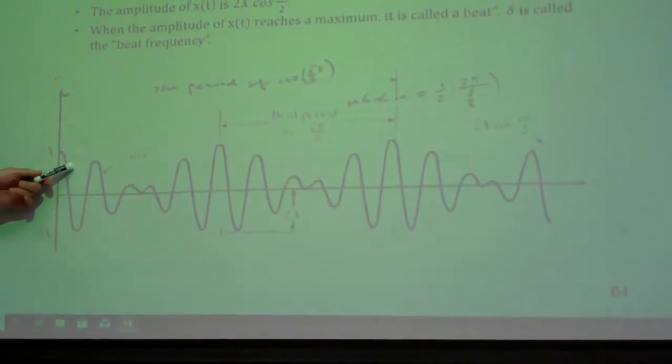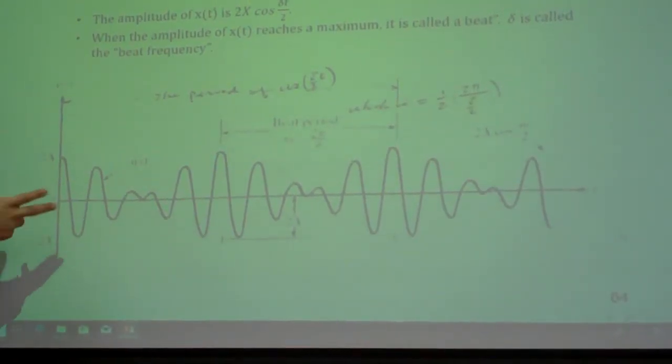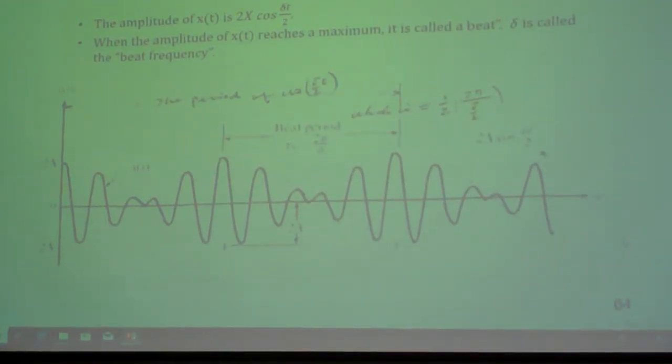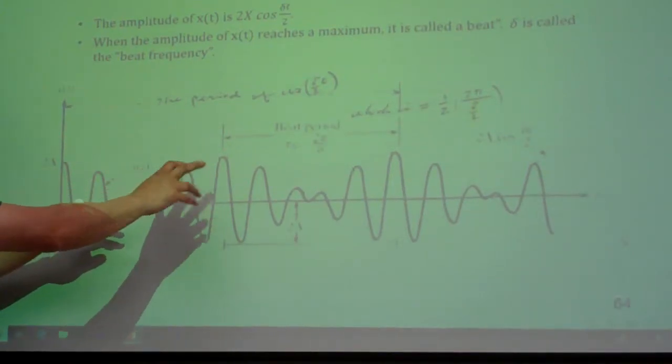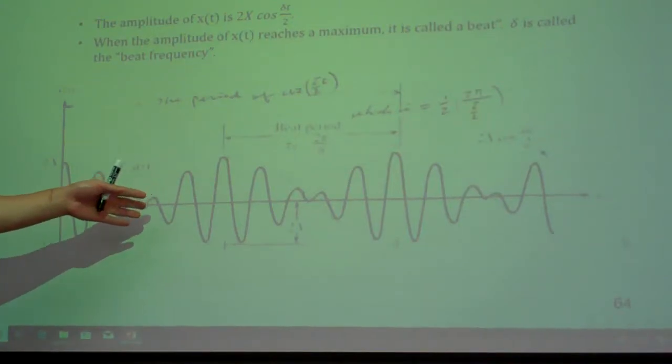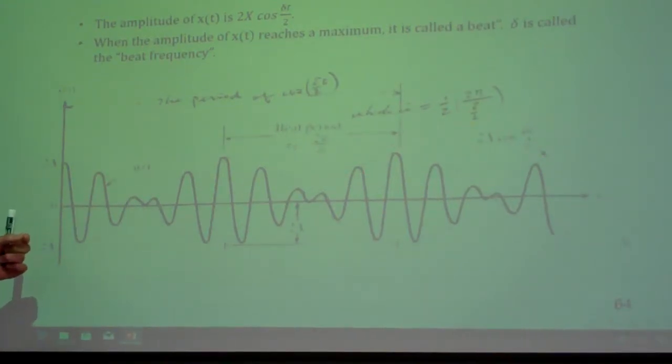The precise drawing will be like this. So if this frequency falls into our hearing range, then you can hear the pattern of the sound. And this phenomenon is called the beating phenomenon.